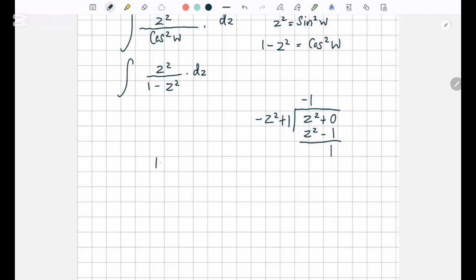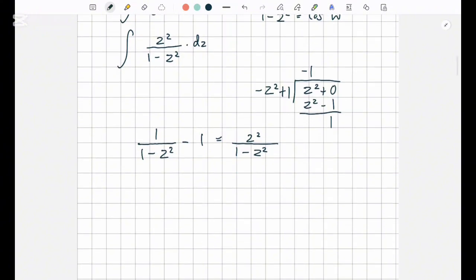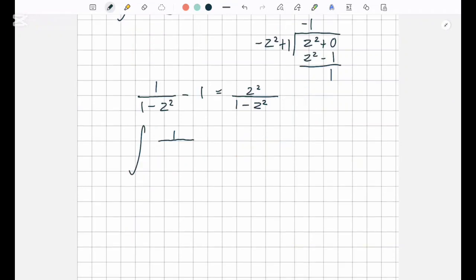So it's 1 over 1 minus z squared minus 1. This equals z squared over 1 minus z squared. Let's go back into our integral. So it's 1 over 1 minus z squared minus 1 dz.